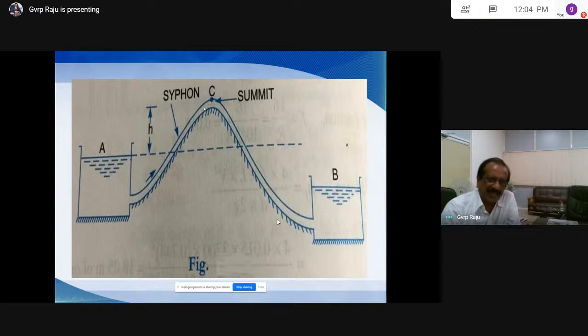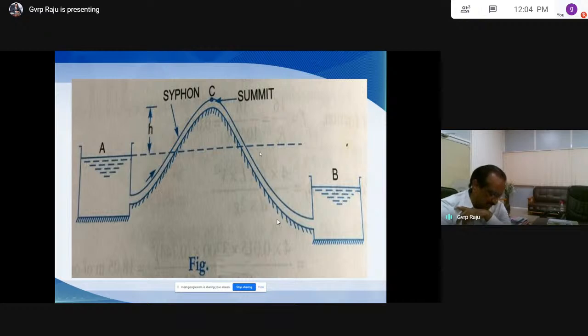The inlet leg is the pipe portion from reservoir A to the summit, and from the summit to reservoir B, this is called the outlet leg. Because the water is entering here, this is inlet and this is outlet. So the terminology here is inlet leg, outlet leg, summit and siphon. You need to remember all these things.